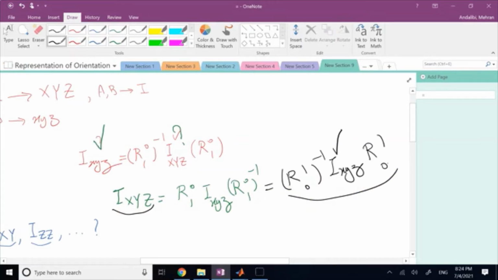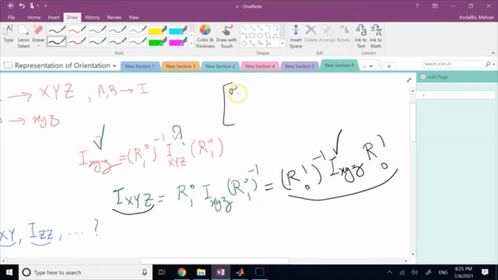So yes, this similarity transformation has applications. You can go from one frame to another and transform something like the I matrix. What else can you transform? The sigma matrix, the stress matrix.